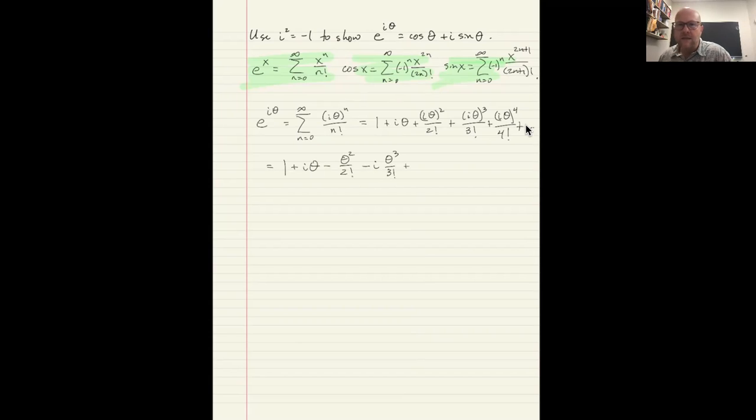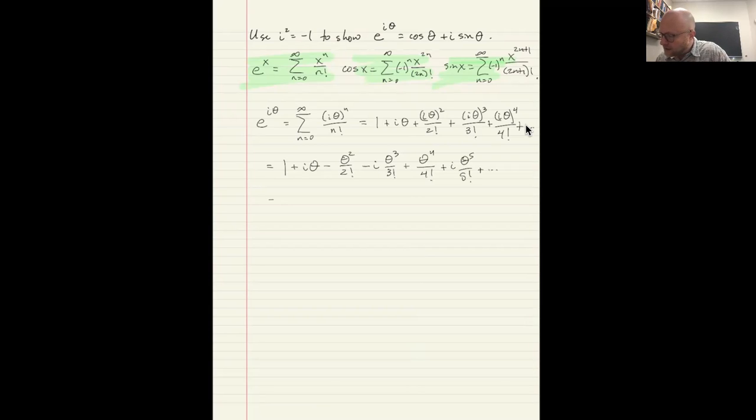And then plus, because when you put i to the 4th power, it would be just 1, θ to the 4th over 4 factorial. If we continued on here, then we would have plus iθ to the 5th over 5 factorial, and so forth.